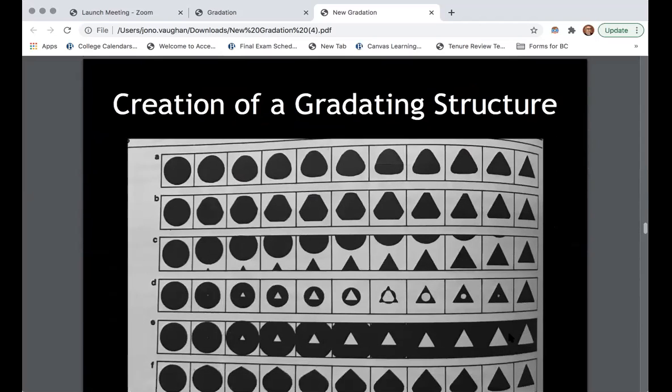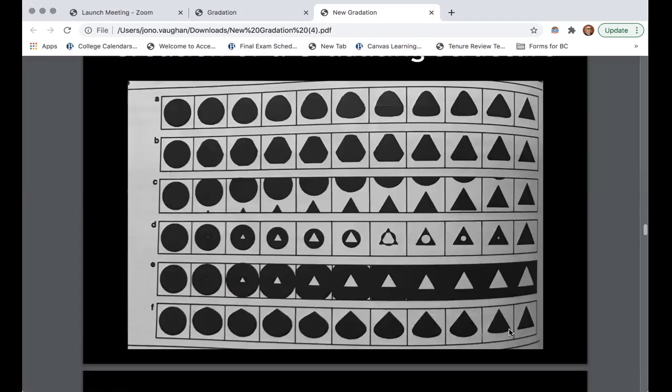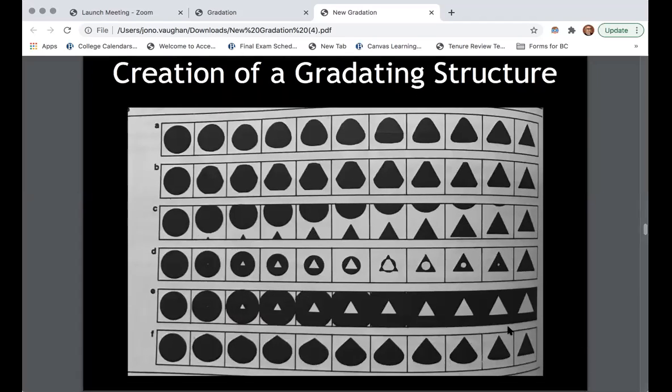So the creation of a gradating structure happens in steps, okay? And so you have different types of options, which I've already sort of covered, the different types of gradations that there are. Union and subtraction, or planar gradation, planar rotation. And so what is important here is the way that you create your path.